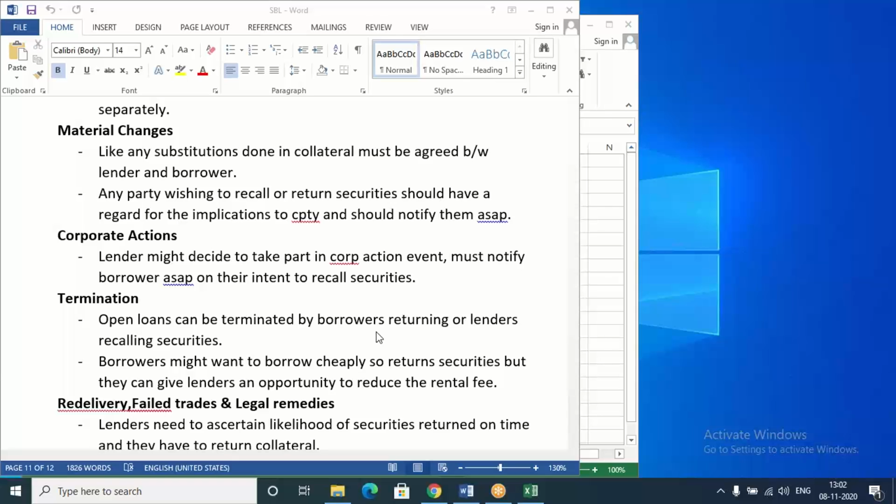Ma'am, so the rental fee is given at the end of the contract? No, it's given at the beginning of the contract, Anupam. In case the borrower finds a better deal with another lender who's charging lesser rental fee, he cannot just return the security immediately. He needs to let the present lender know that he's returning the securities, and if the current lender is willing to reduce the rental fee, that is possible.